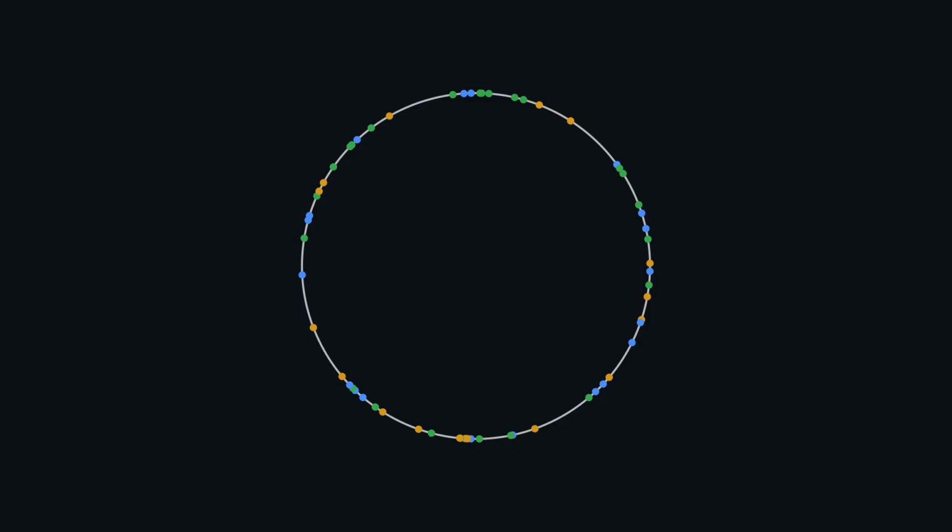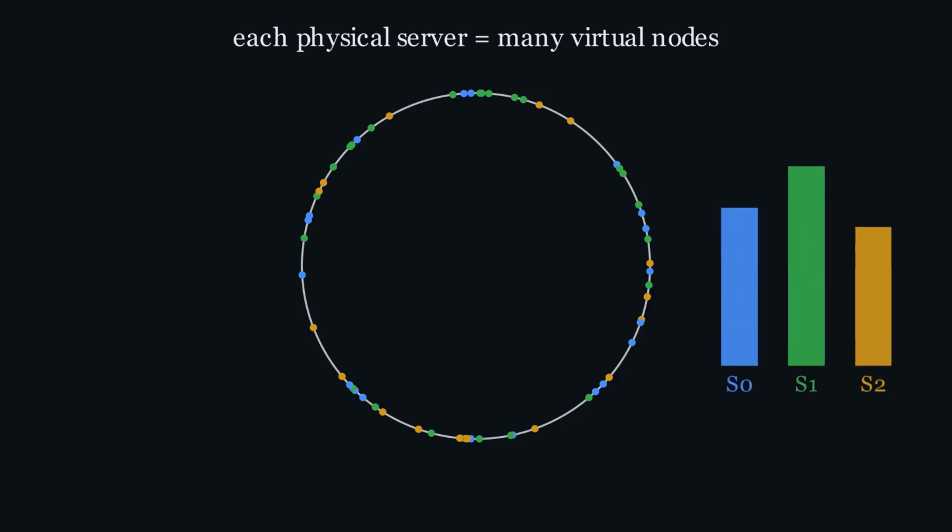The fix is simple. Lie about how many servers you have. Instead of placing server 0 on the ring once, place it 100 times. At positions like hash of S0-1, S0-2, and so on. These are called virtual nodes. With enough of them, every server's total ownership averages out to almost exactly 1/n of the ring.